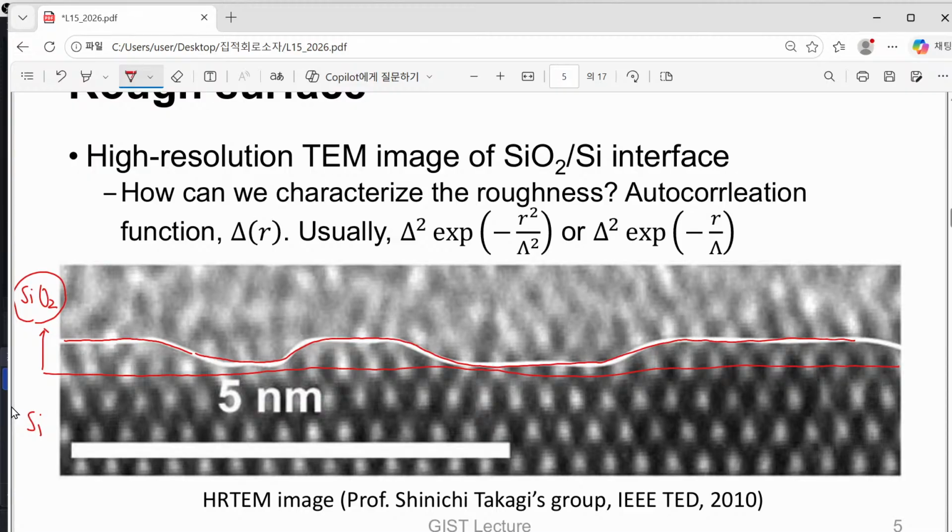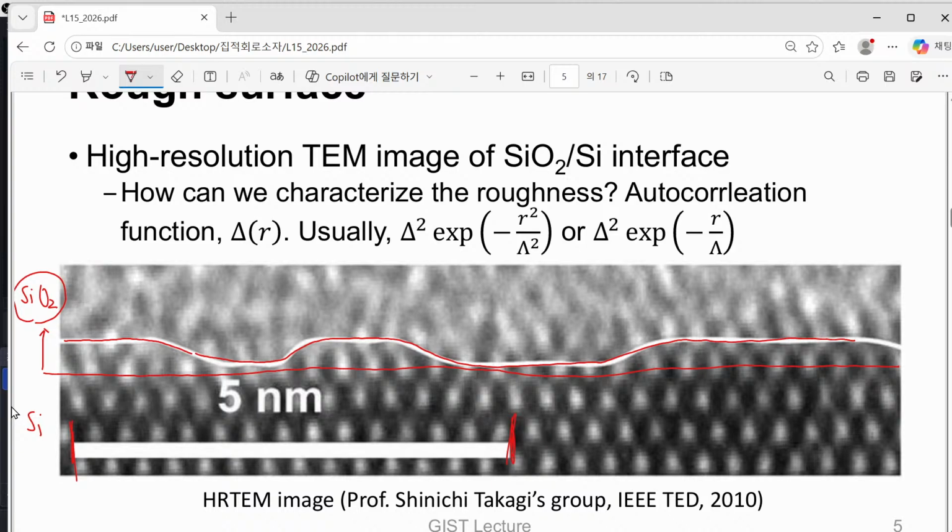Of course, this is the length scale of 5 nanometers, so this fluctuation of the interface is really small. Orders of angstrom range, 0.1, 0.2 nanometer, that is the fluctuation we are currently seeing, but that can introduce some differences.